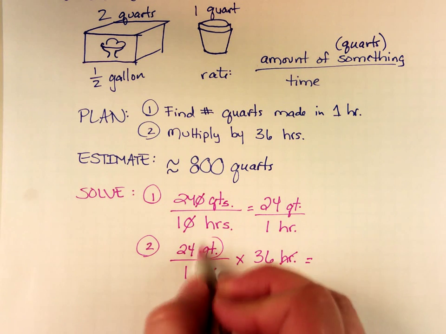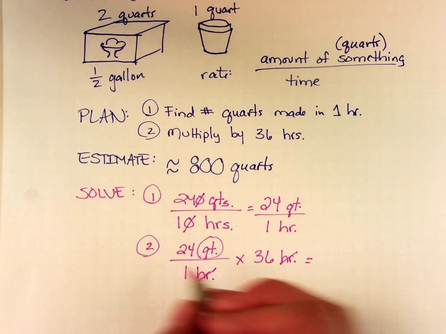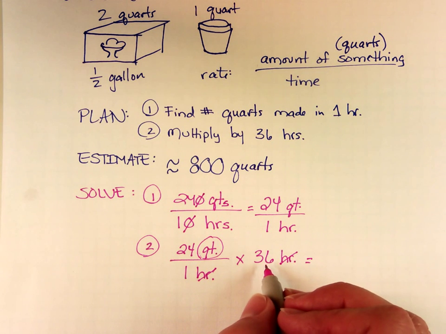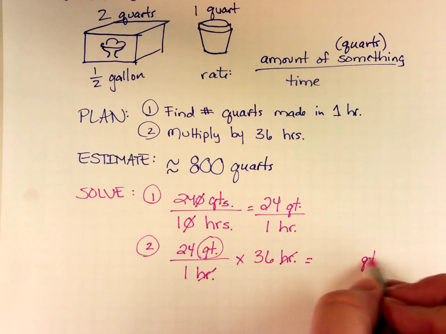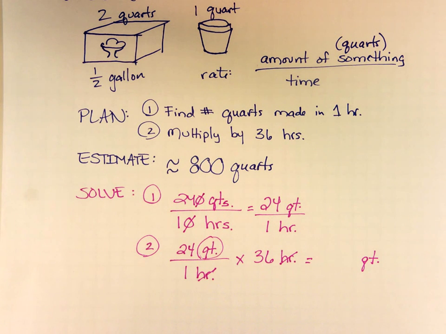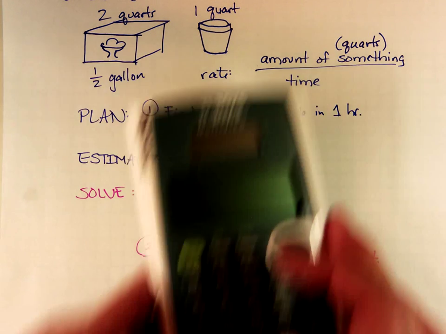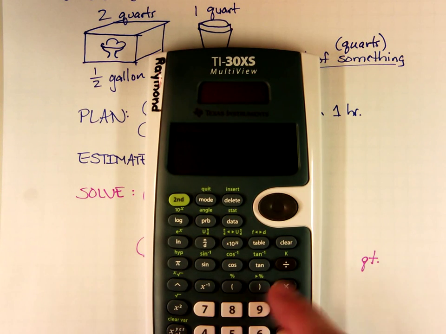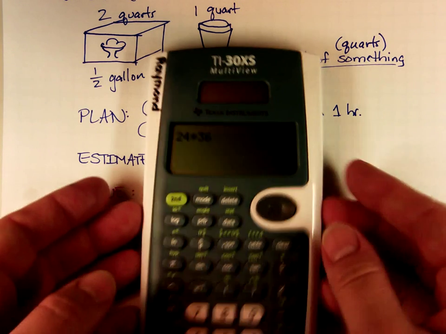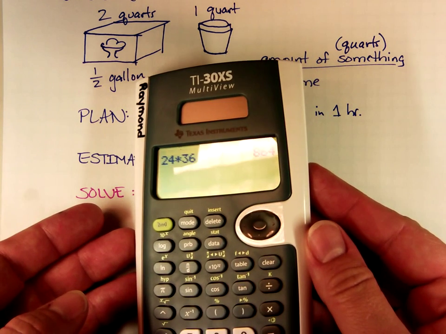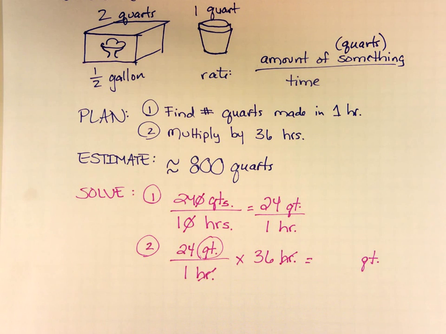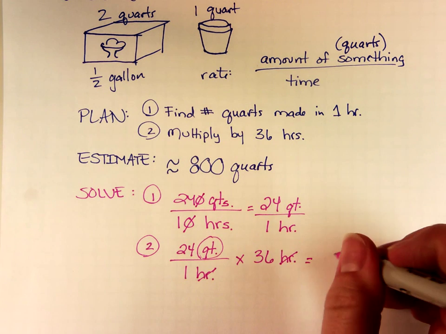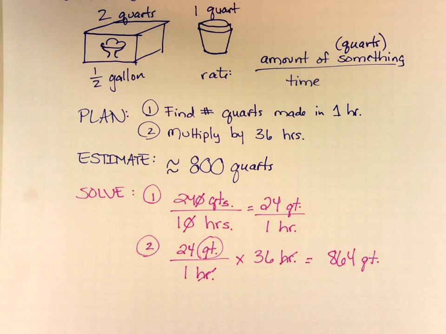Quart, right here. 24 times 36, that's going to give me some number, and the unit is going to be in quarts. So let's use our calculator for that. 24 times 36, enter. 864. 864 quarts were made in 36 hours.